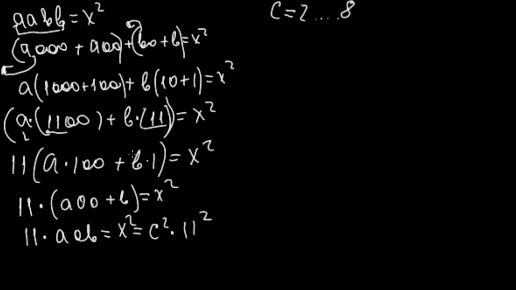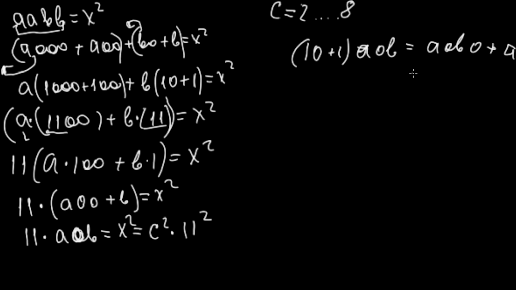Next step, can you see here, we have 0. What does it mean? I will explain. 11 we can write as 10 plus 1, times (100a plus b), and this one is 1000a plus 10b, and I use here the distributive law, 1 times (100a plus b) is 100a plus b.